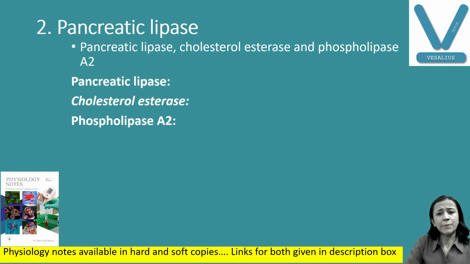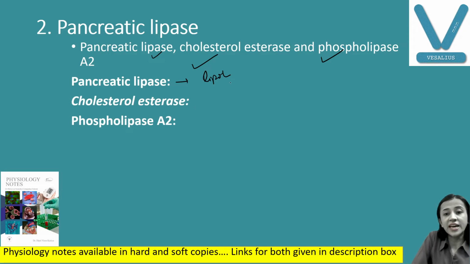Then pancreatic lipase. In pancreatic secretion we have lipase, cholesterol esterase, and phospholipase A2. Pancreatic lipase is a powerful lipolytic enzyme, and it hydrolyzes neutral fat to glycerol and fatty acid.